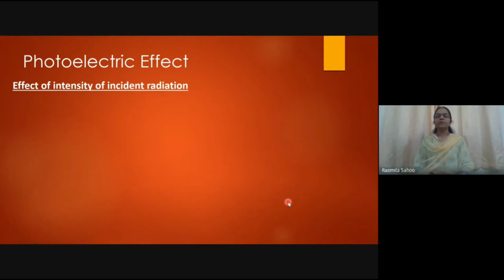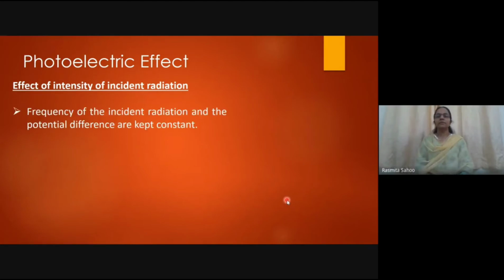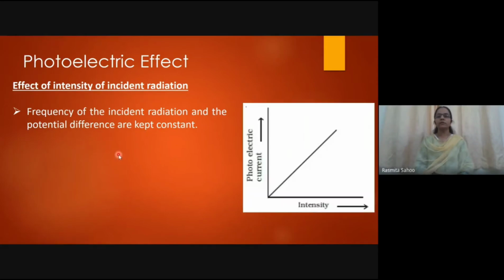They changed the intensity of the incident radiation, keeping the potential difference fixed at a particular applied potential, and the frequency was also kept constant.